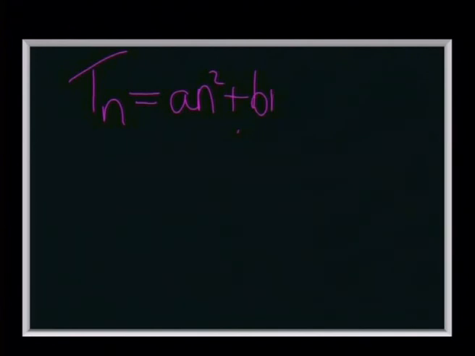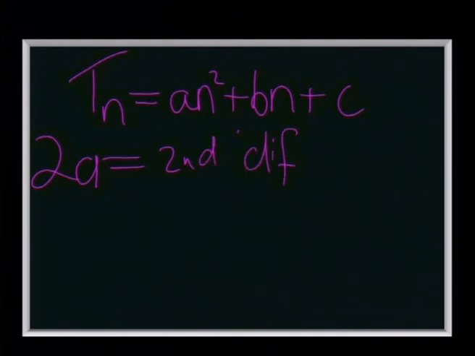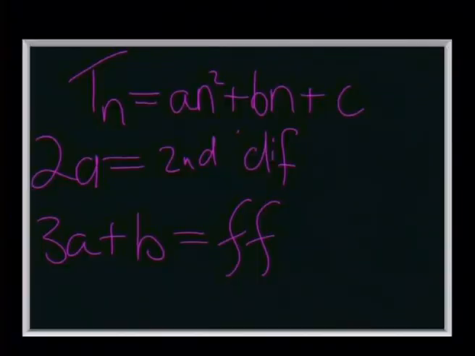And there's really various different ways to calculate the values of A, B, and C. But important to remember that 2A is the second difference. 3A plus B is the first term of the first difference, let's call that FF, and the first term of the number pattern is the first plus the second, is A plus B plus C.